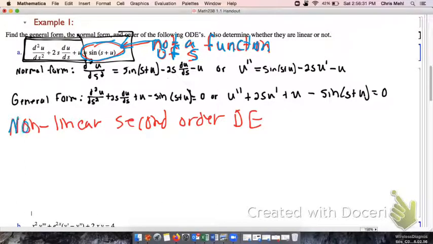So in this case, it's a non-linear second order differential equation. Okay? So we got normal form, general form, the order, and we knew how to determine whether it was linear or not.